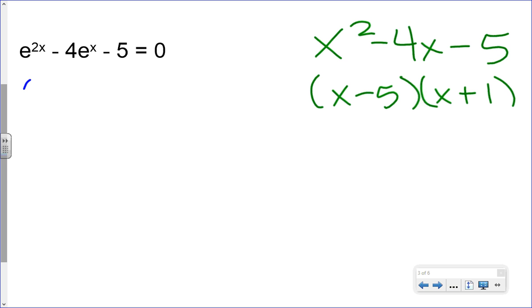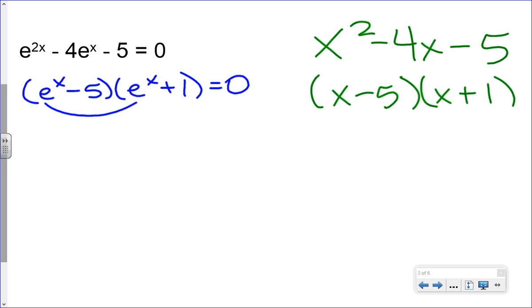So we can factor this to e to the x minus 5 times e to the x plus 1 equals 0. Why is that a trinomial? I don't see an x squared. Well, e to the x times e to the x would be what? e to the 2x, because we add our exponents. So it is a trinomial in disguise.